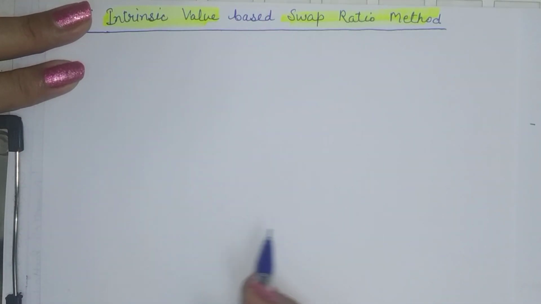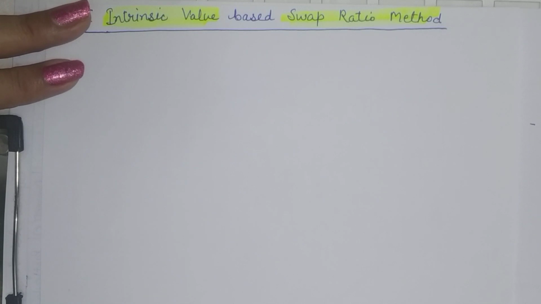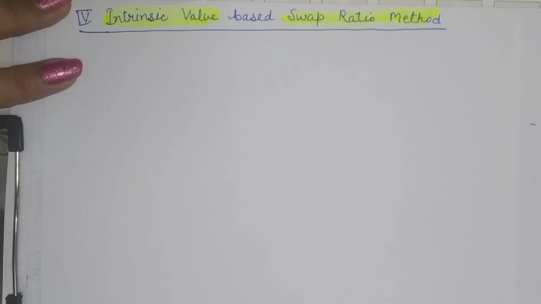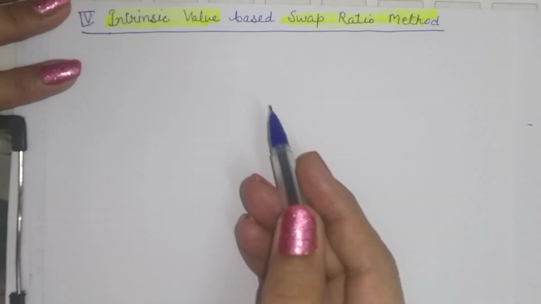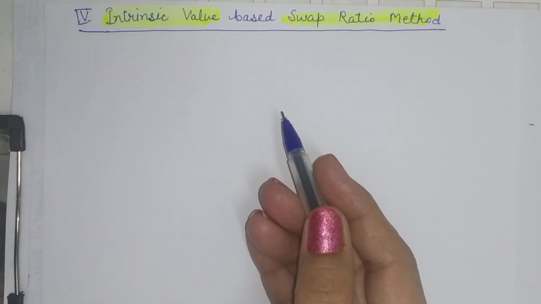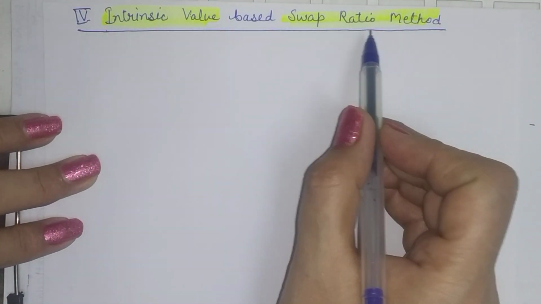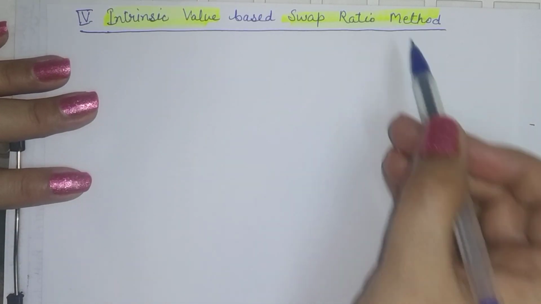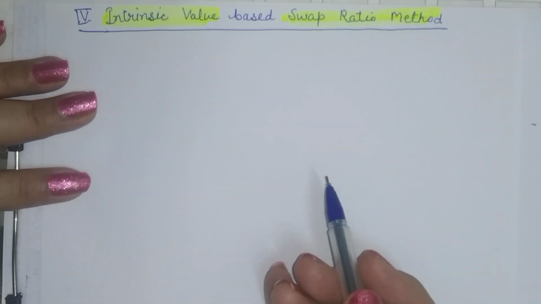Preference shareholders do not have any right over the company's residual profits, so for them the swap ratio concept is not measured. It is pre-decided. At the negotiation table, the purchasing company and the selling company decide the swap between the preference shareholders. Their claim will be decided in some other manner.